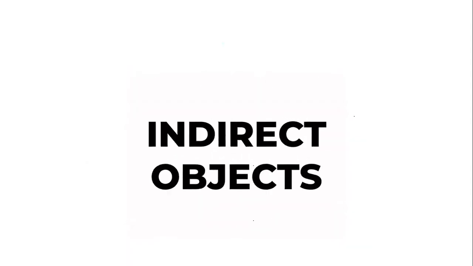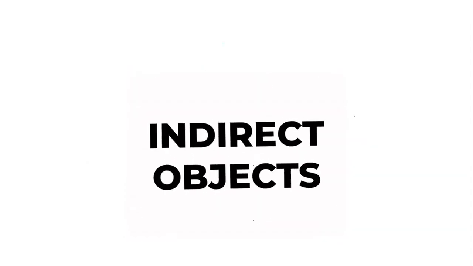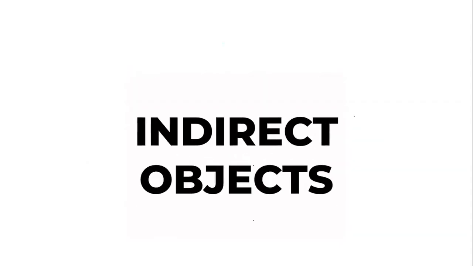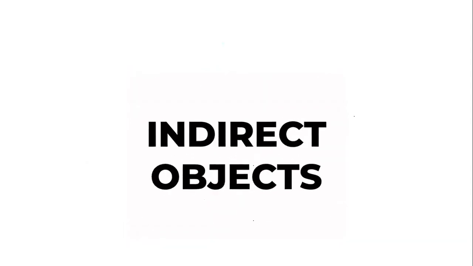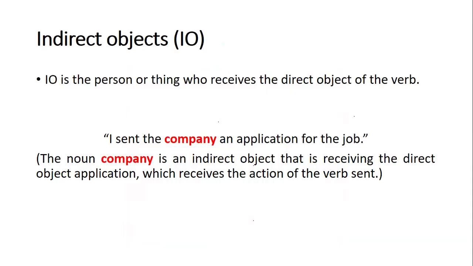So let us see some examples of indirect objects. In fact, I'm going to put forward a lot of examples, so you'll be able to understand the differentiation between direct objects, indirect objects, and prepositional phrases, right? So let's proceed with indirect objects. What are indirect objects?